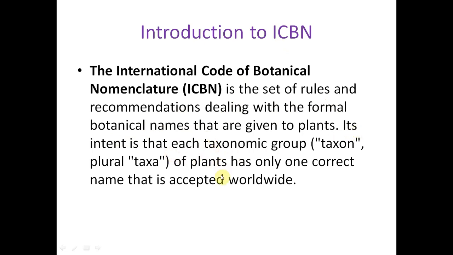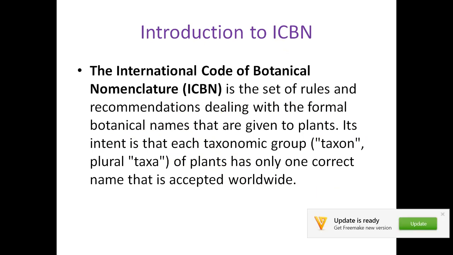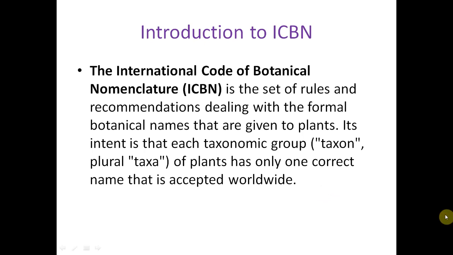Its intent is that each taxonomic group, that is, the singular form is taxon and the plural form is taxa, of plants has only one correct name that is accepted worldwide. As we discussed earlier, a universally accepted name, a single botanical name, is accepted worldwide.